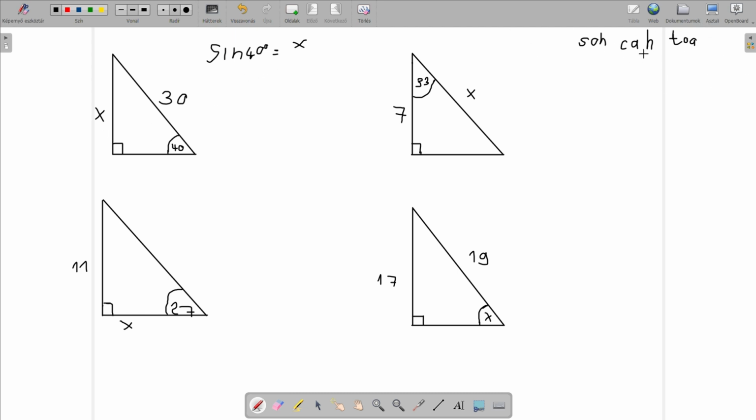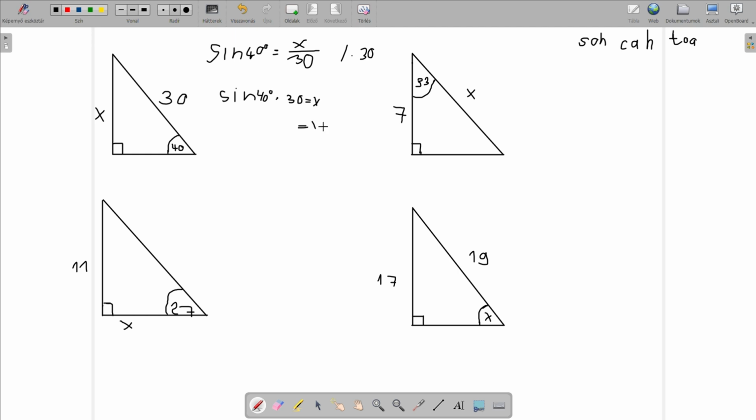It's here in the top right corner. Remember SOHCAHTOA, and divided by 30. So we should multiply each side by 30 using the rules of algebra, and this is going to be the sine of 40 times 30 is equal to x.